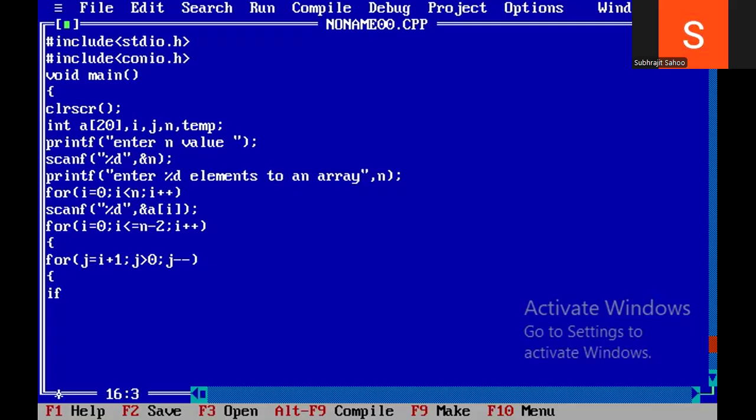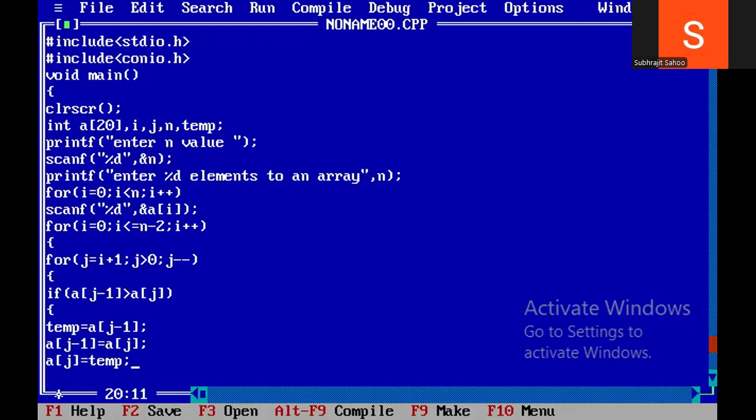Now swap it. If condition: first, a of j minus 1, the left side element, is greater than a of j, the current element, then bracket start, temp equal to a of j minus 1, a of j minus 1 equal to a of j, and a of j equal to temp.